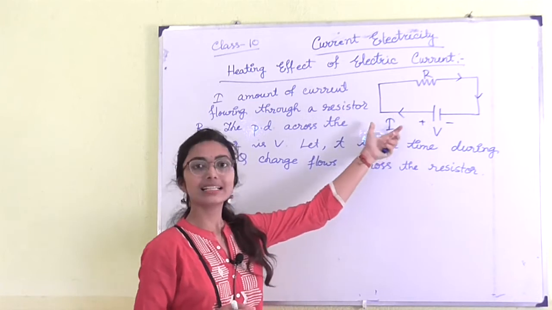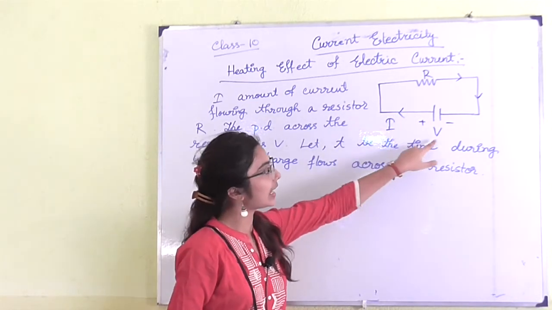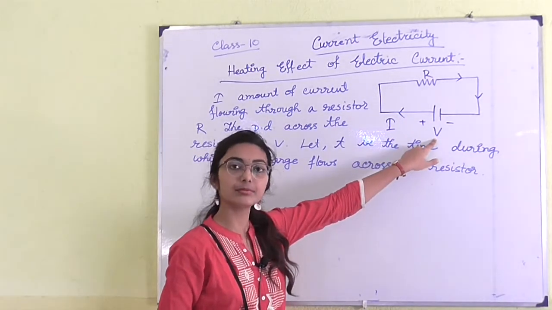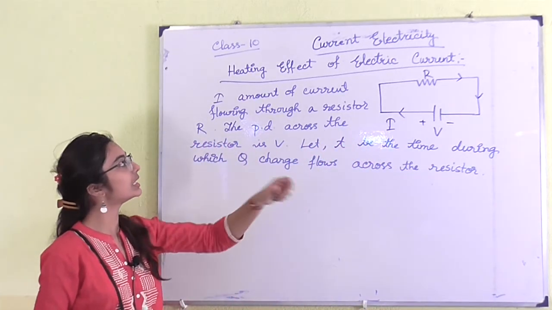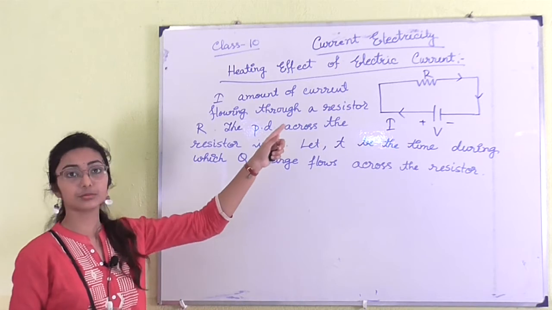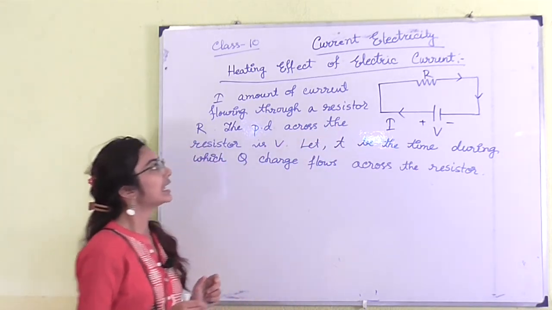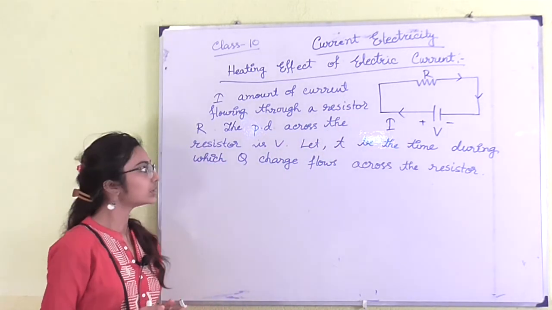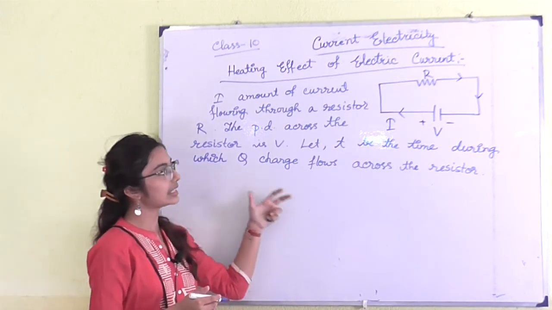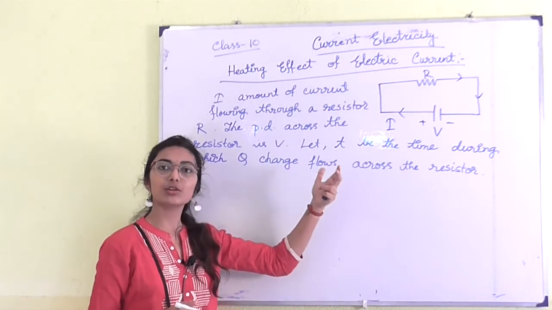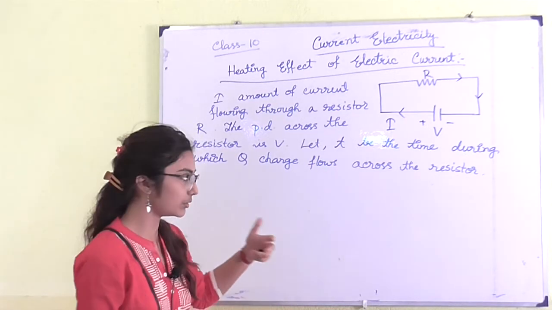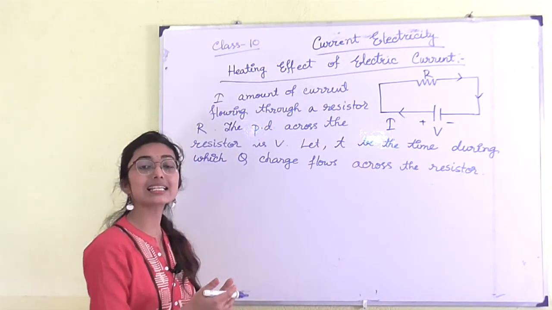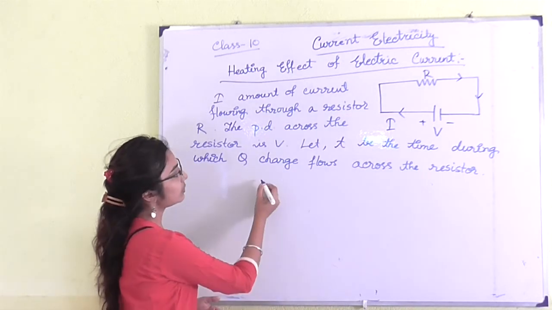Suppose this is an electric circuit, and this circuit has a potential difference V. Current I is passing through the resistor R in time t. As long as time is passing, it will be more heated.